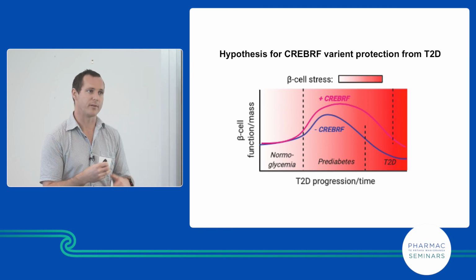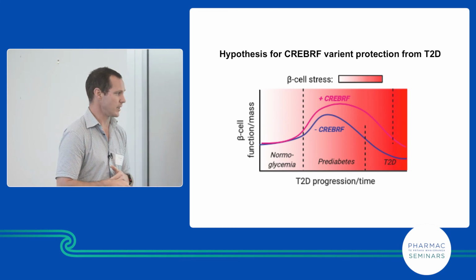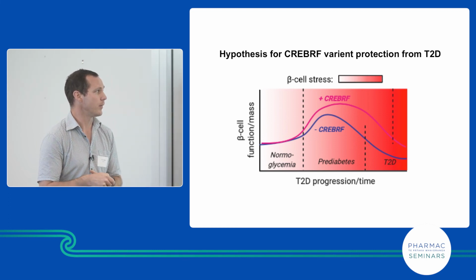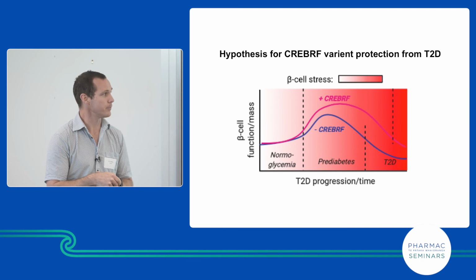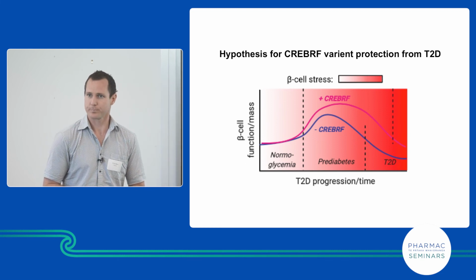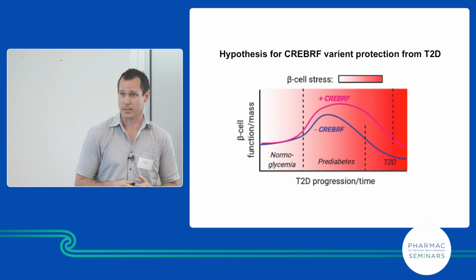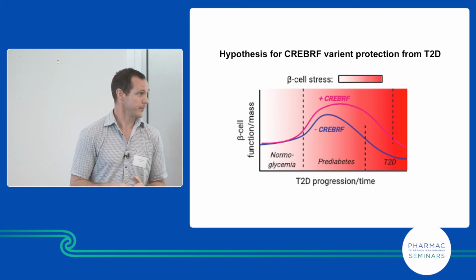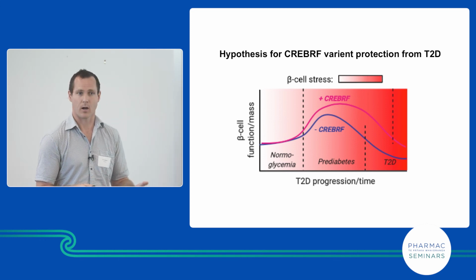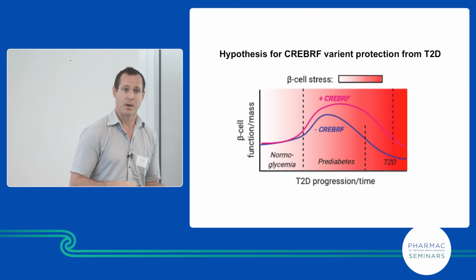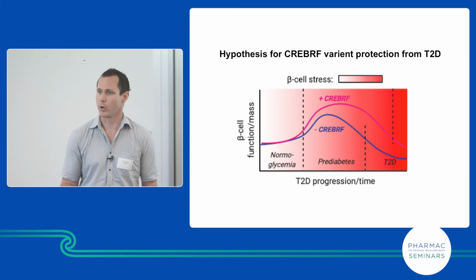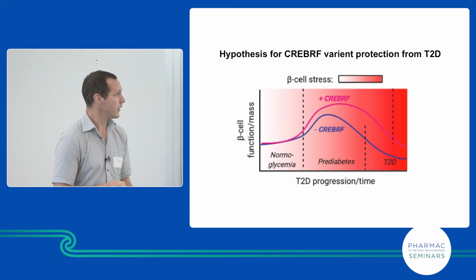And this is around the transition point to type 2 diabetes, which is actually along a progression line. We think people perhaps with the Crabby variant are able to prolong the ability of their beta cells to function, and it gives us some new targets for type 2 diabetes management. Again, this is just a hypothesis, this is what we think. We don't have that much evidence to support this, and that's what we're working towards with these studies.